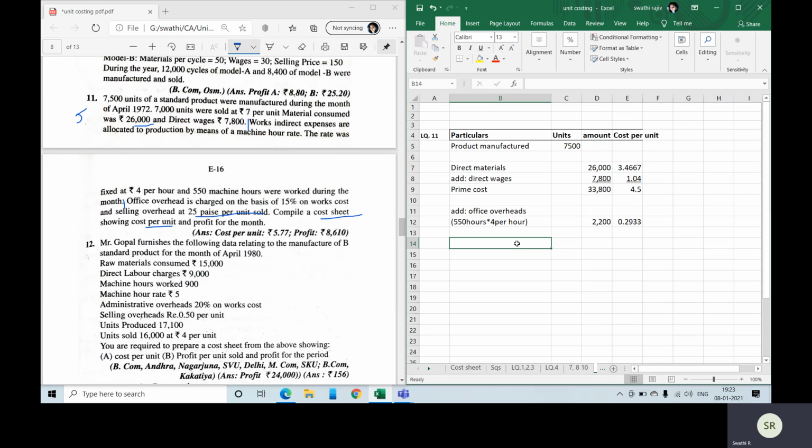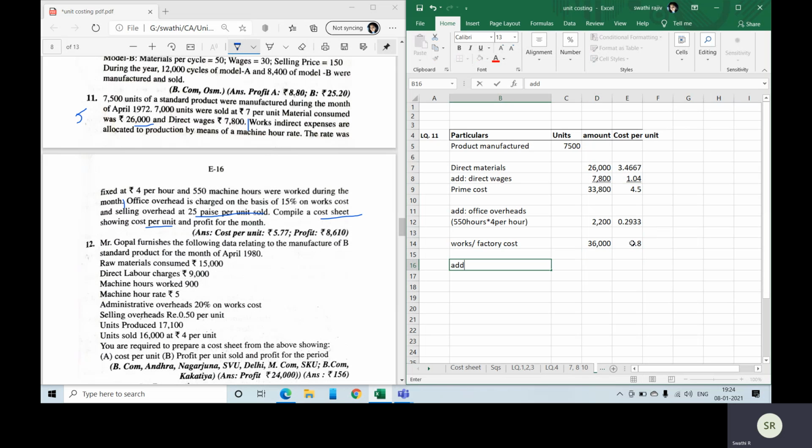So this will reach us to our works or factory cost, which is 33,800 plus 2,200, that is 36,000, and here we have 4.79. I'm taking it as 4.80.